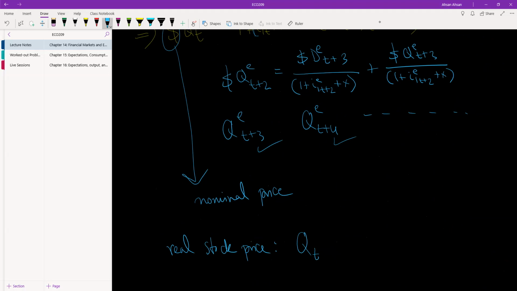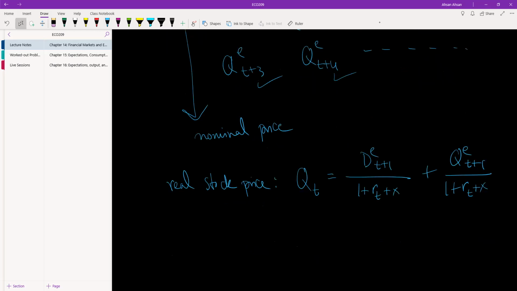The Q in period t will be equal to the expected dividend in period t plus 1 divided by 1 plus Rt plus x, plus the expected Q t plus 1 divided by 1 plus Rt plus x. And then of course you guys know how to expand. I've just shown it to you. This is just a 2-period case and we can expand as needed.